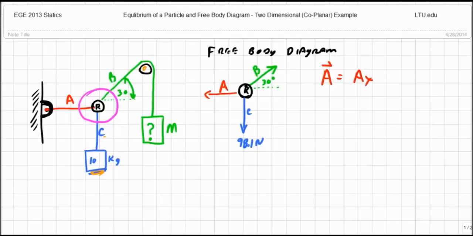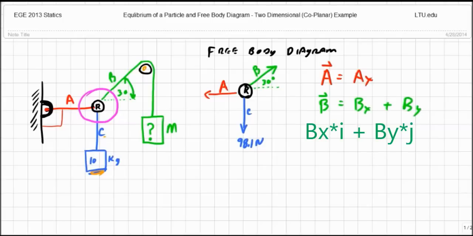This is drawn as a horizontal cable. That's the end of it. B, which is my green color, equals some unknown B sub X plus B sub Y.